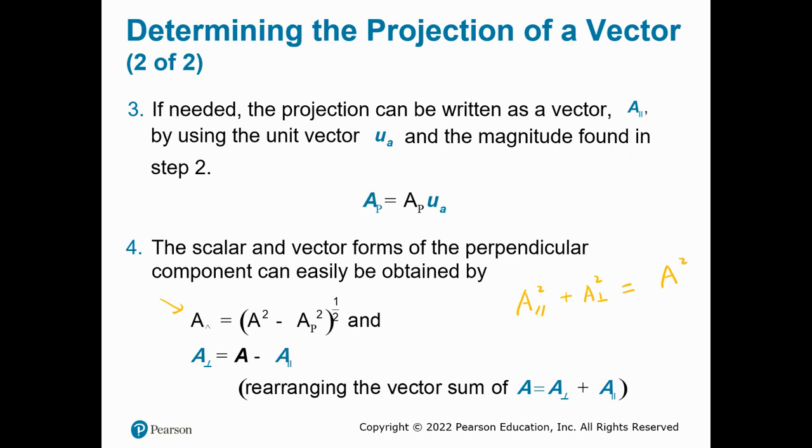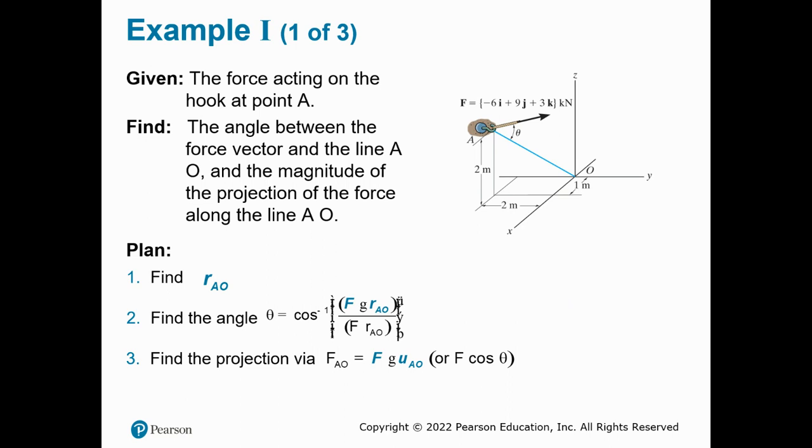Keep in mind that these are all vectors. Next, it says rearrange the vectors: A equals A parallel plus A perpendicular. Notice that these are all vectors. This is vector addition. Parallel plus perpendicular gives me the diagonal of the vector.